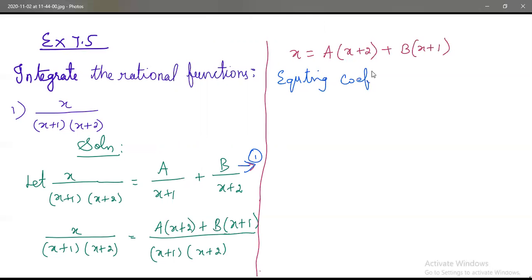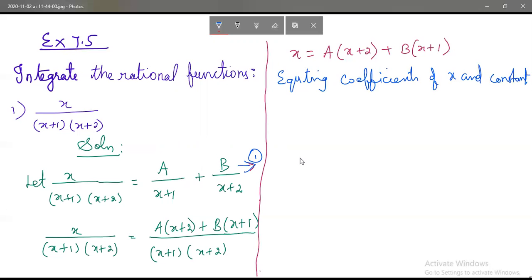Equating the coefficients of x and the constants on both sides.